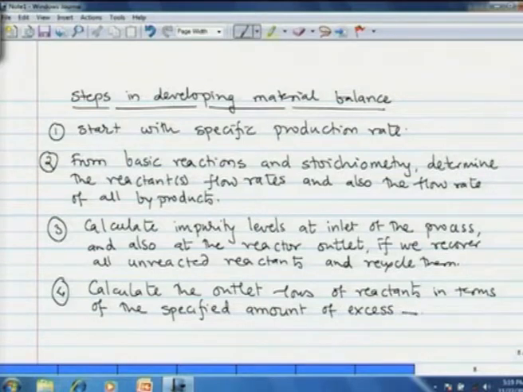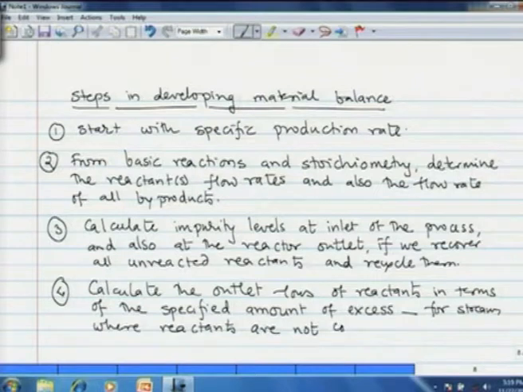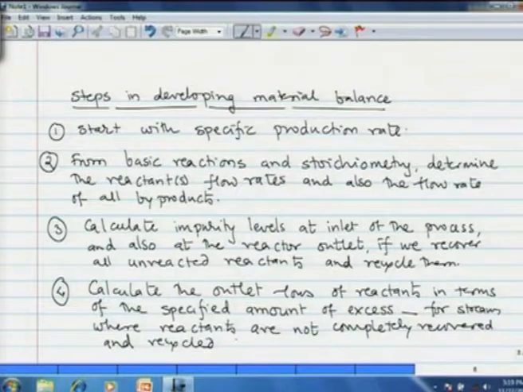Now, this is particularly the case for streams where the reactants are not completely recovered and recycled. This is typically the case when a gas recycle per stream is used.